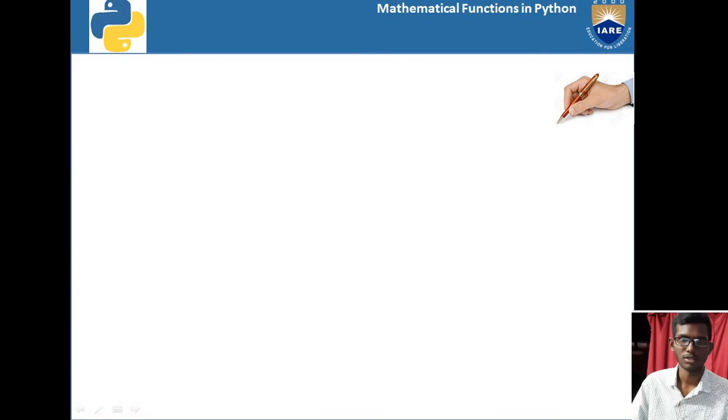Another slide. Now our topic is completed. The conclusion of our topic is that there are many inbuilt functions in Python. Among the inbuilt functions there are math functions also, like floor, ceil, and so on. So we can easily type and take less time to print those values.